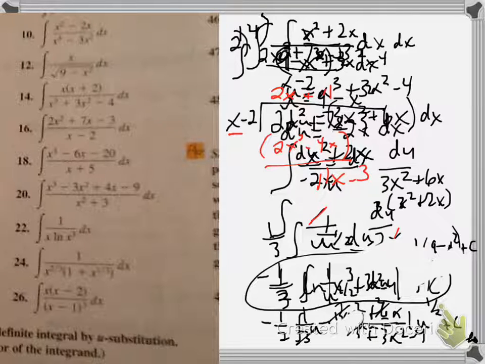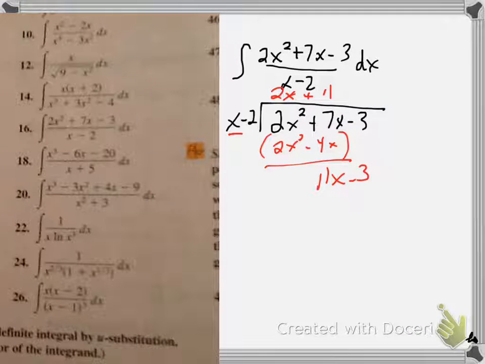Pause for error. Alright, fixed the error. 20, so it's 11x minus 22. Subtract. Negative 3 plus 22 is 19.